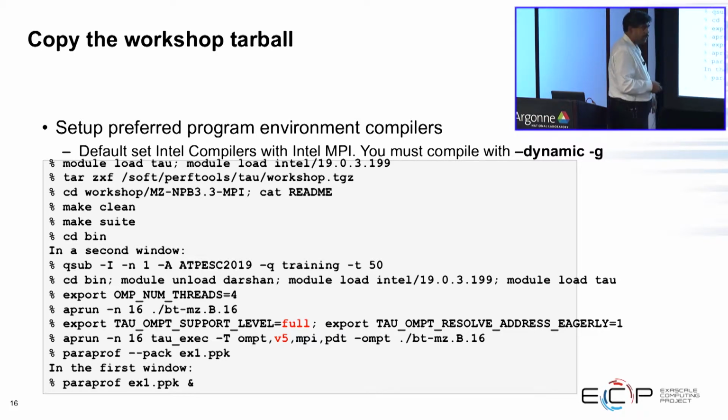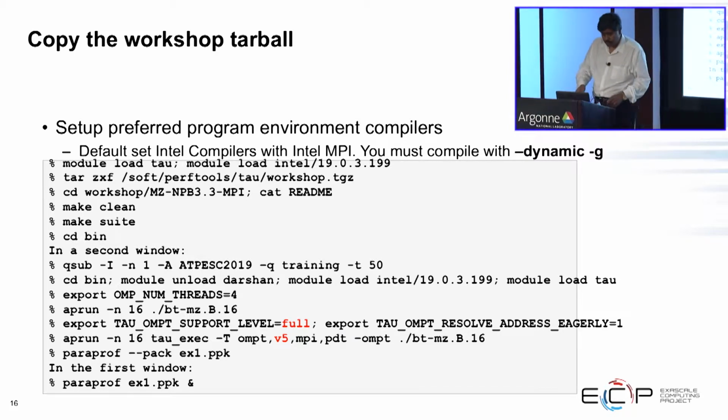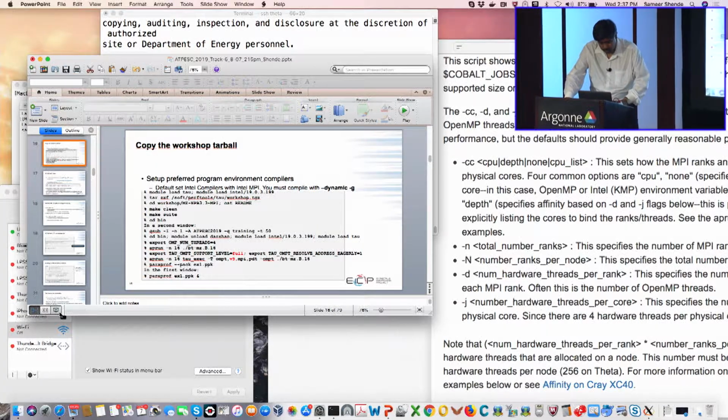It's written in the bin directory README file, and just load the TAU module. It will internally unload Darshan. It will load the correct Intel compilers. You can use the OpenMP number of threads, run this application, and so on. I'll just go through this step by step and show you how to use TAU on a simple application.